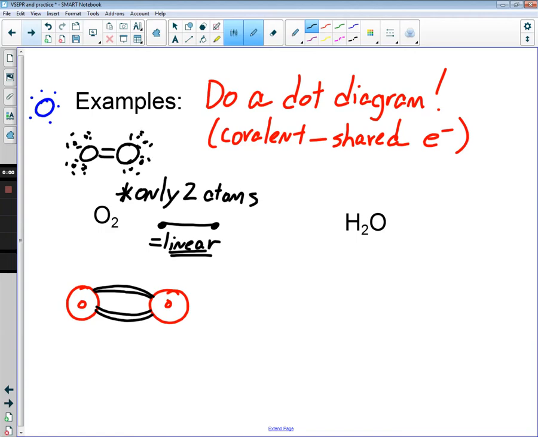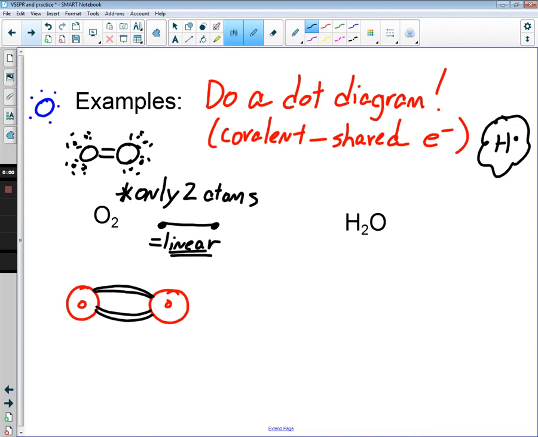Now H2O, same kind of thing. I know that oxygen's got 6. Every hydrogen atom has just a single electron, right? Every hydrogen needs to get 1 more to be stable. The oxygen still needs to get 2 more to be stable.